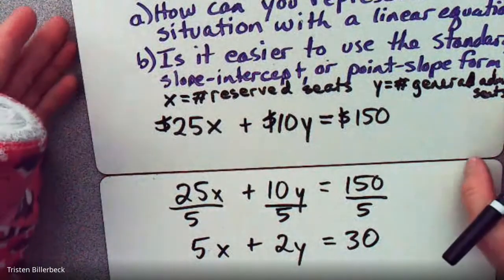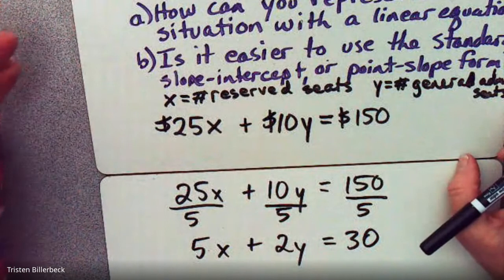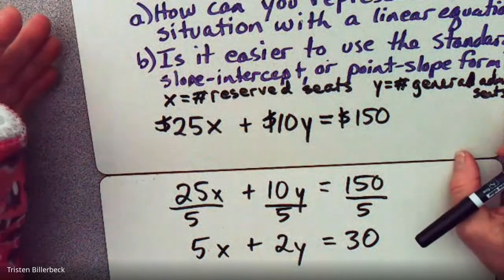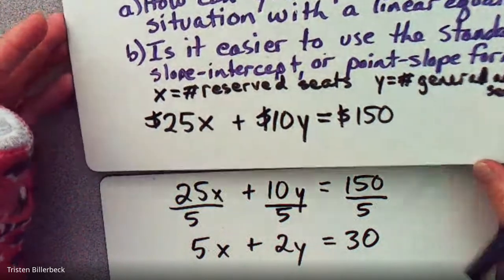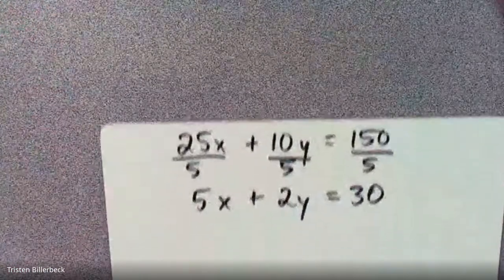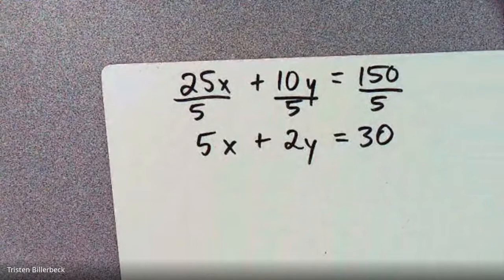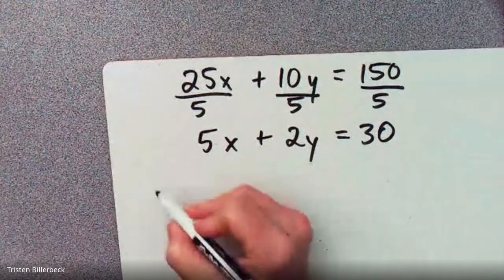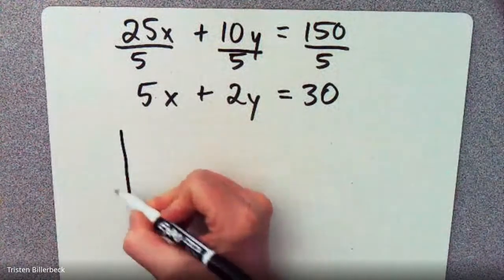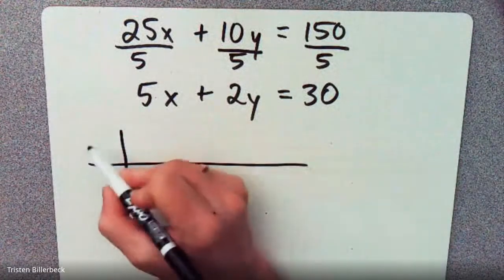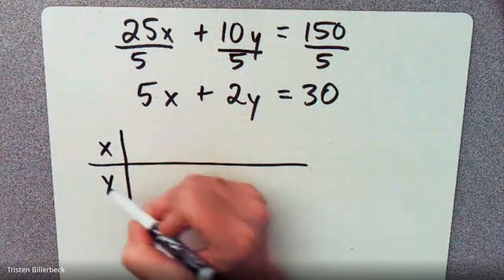From there, we can figure out various ways we could make combinations of things that we could buy. How many reserve seats? How many general admission seats? So let's see what kind of combinations we can come up with. We can make an XY chart.